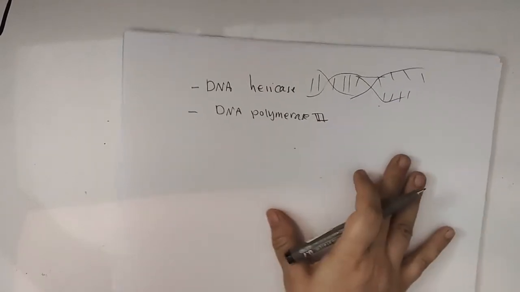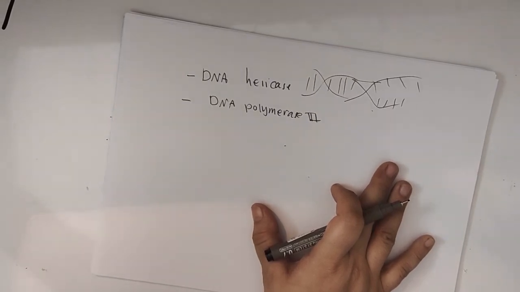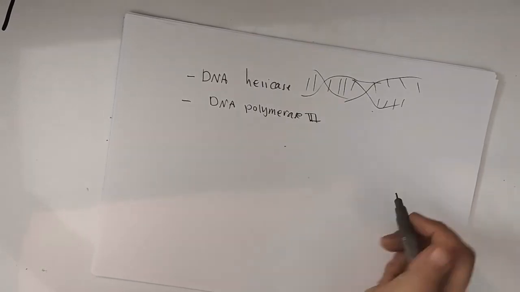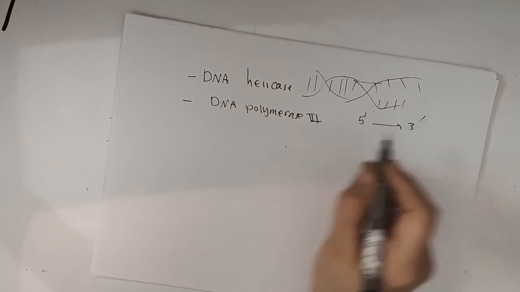This one forms phosphodiester bonds to form the sugar and phosphate backbone and join the nucleotides together, and also makes a new strand from the original strand template from 5' to 3'.